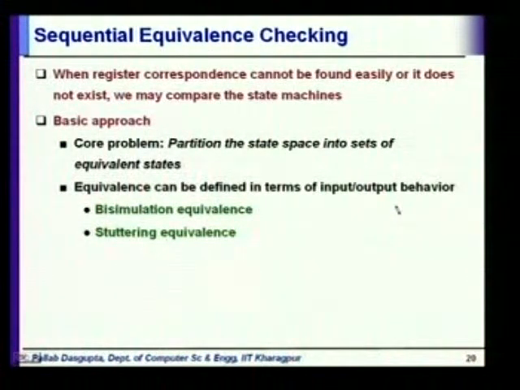The equivalence function, the function which determines the equivalence between two states, can be defined in many ways. The most popular ones being bisimulation equivalence and stuttering equivalence. I will talk about bisimulation equivalence in this, and stuttering equivalence is something which I will come back to when we talk about CTL model checking. So, we are not going to talk about it right now.